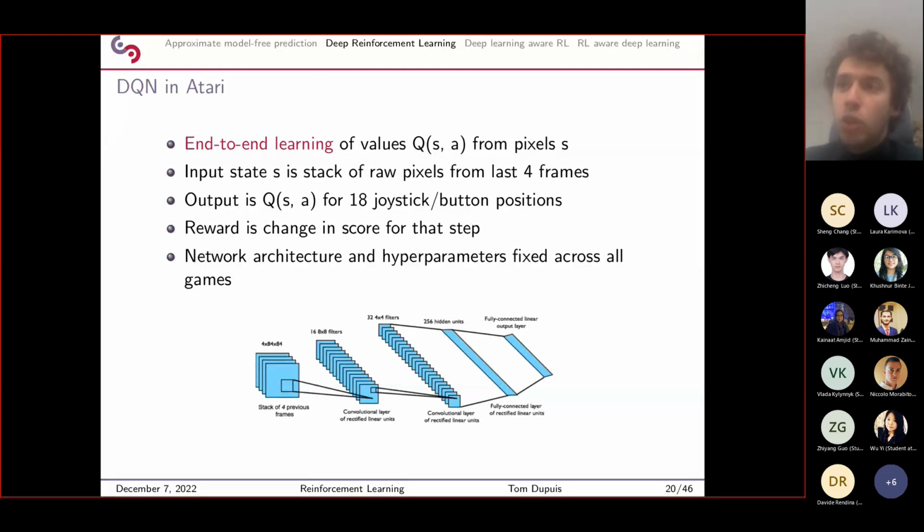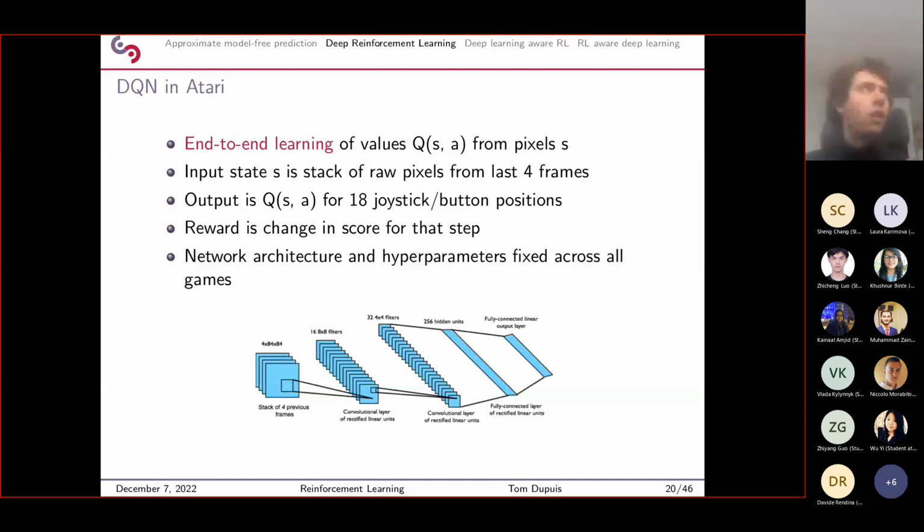And then at the end, you don't have one output, so you don't have one scalar, but you have n values, each value for each different possible action. So for example, if you're in a game where you just move around up, down, left, right, you have 4 possible actions at every time step. And so your Q-value network will output 4 values, one for each state and action. So you input the states, and then you just output 4, one for each action.